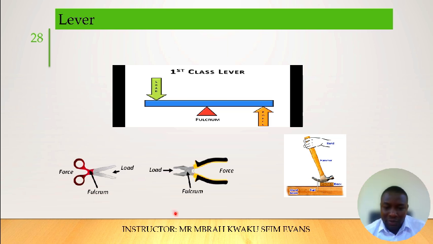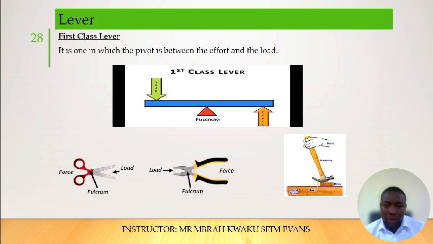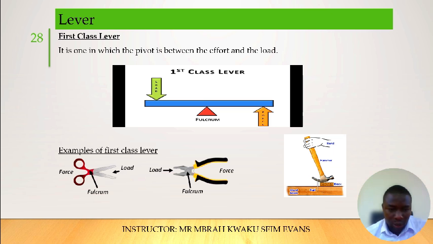A pair of pliers is also an example of the first class lever. A claw hammer is an example of the first class lever. So we know that for a first class lever, the pivot, the fulcrum, the point of turning, is between the effort and the load.